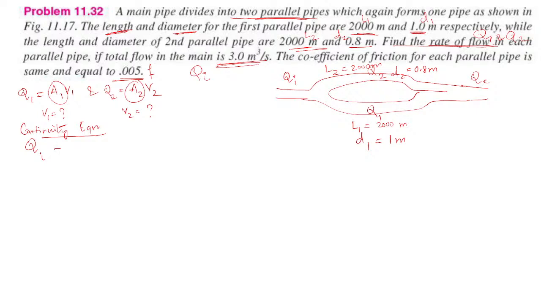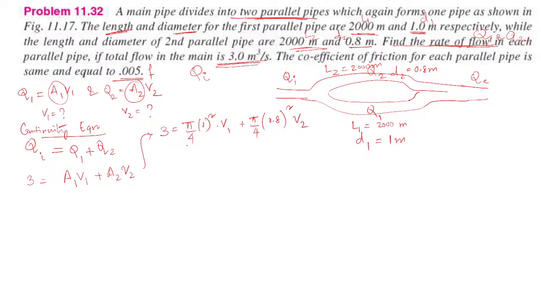So Q equals Q1 plus Q2. I can simply write this statement, and we know Q is 3. So I can write A1 V1 plus A2 V2. Rephrasing this equation, 3 equals pi by 4 into D1 squared, that is 1 squared, into V1, plus pi by 4 into 0.8 squared into V2.